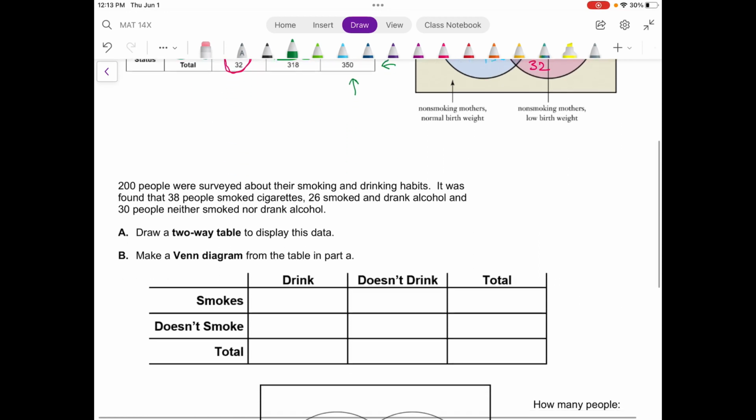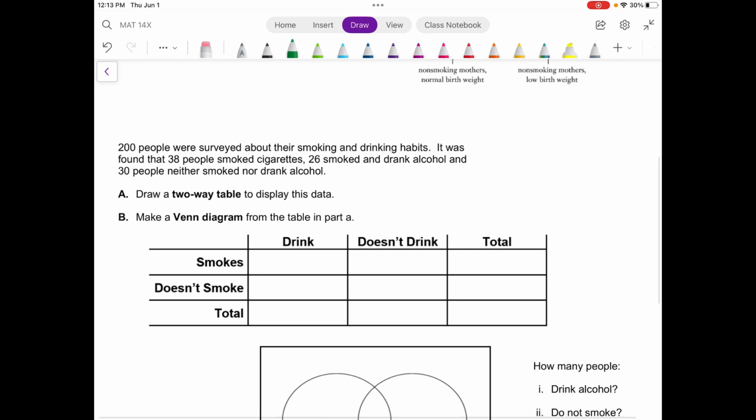So here we're told 200 people were surveyed about their smoking and drinking habits. It was found that 38 people, and I'm going to highlight numbers as we get to them, so 38 people smoked cigarettes, 26 smoked and drank, and 30 people neither smoked nor drank alcohol, and we had 200 people total.